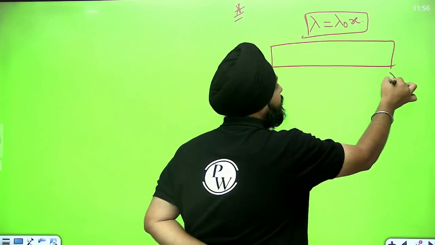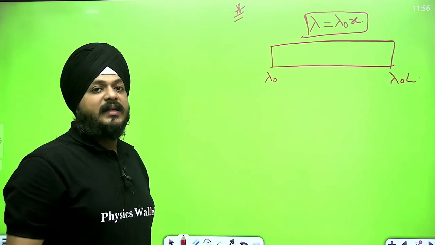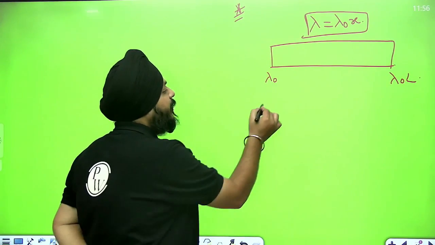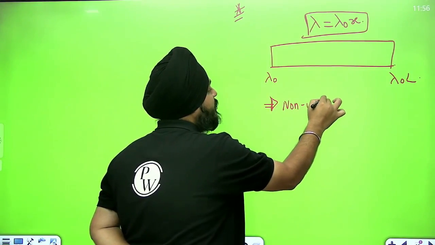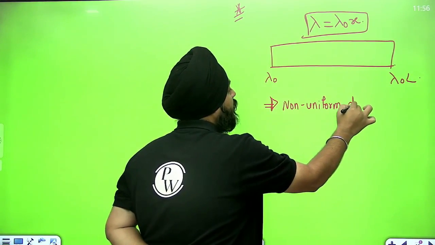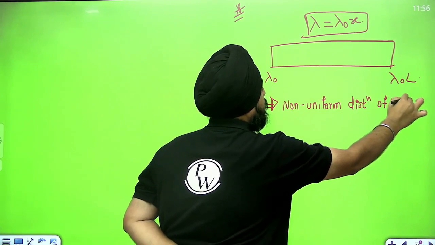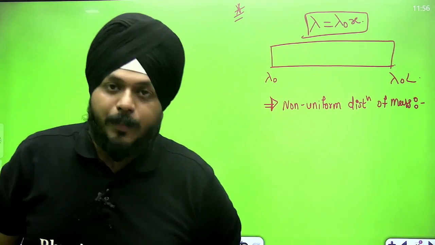At L, density is lambda 0 L. Mass density varies from lambda 0 to lambda 0 L. It means it is a very simple case of non-uniform mass distribution.